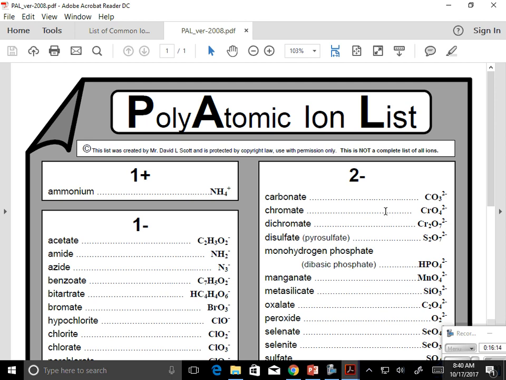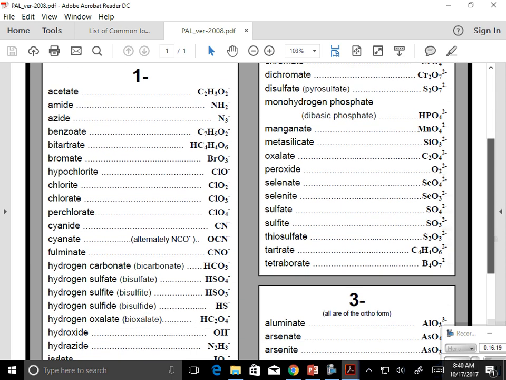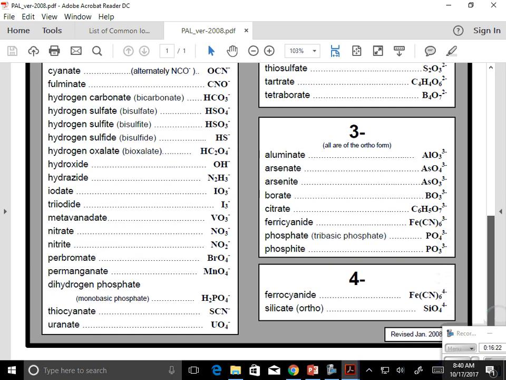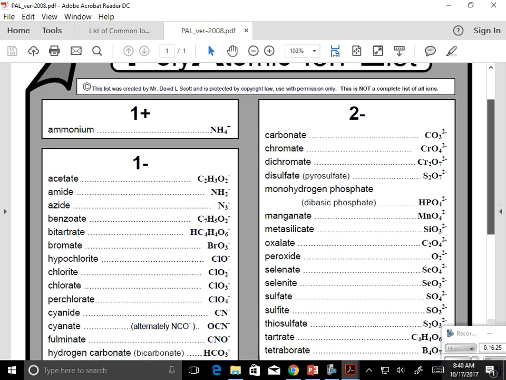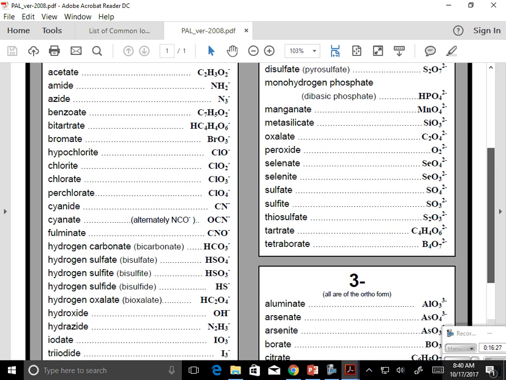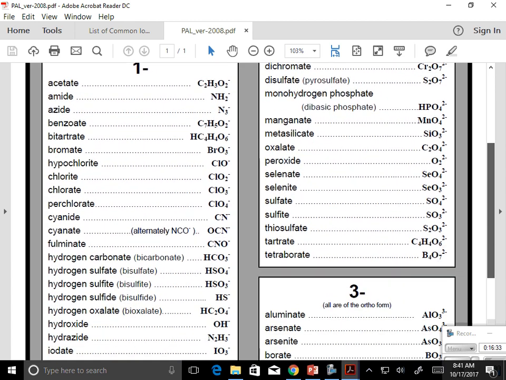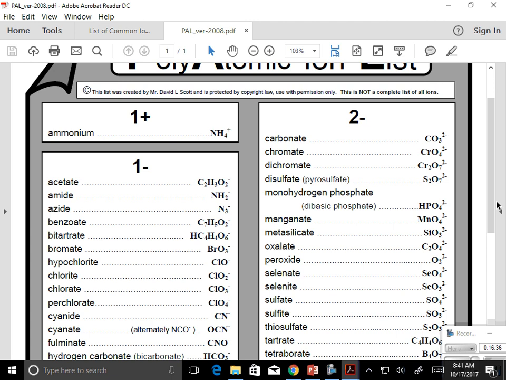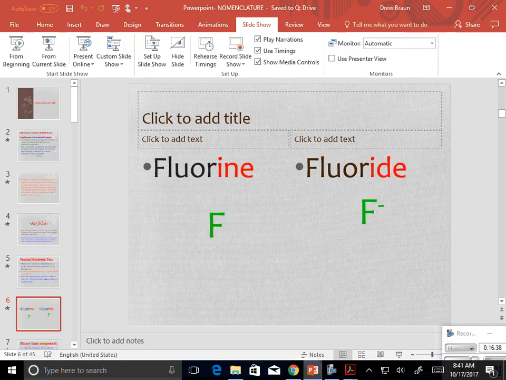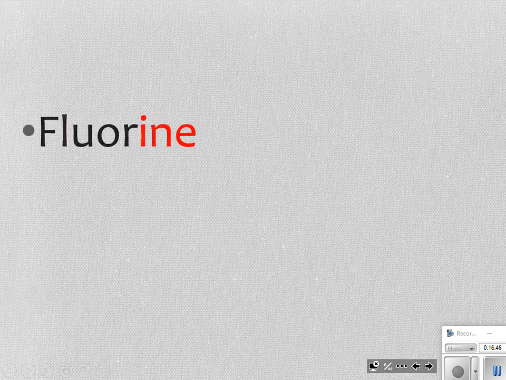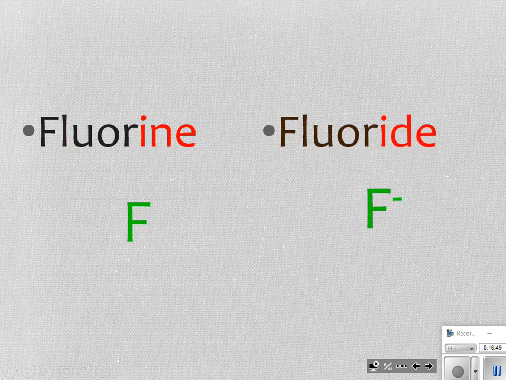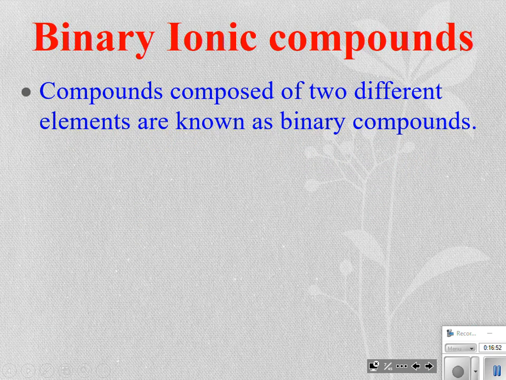But once again, it's just another reference of a bunch of different polyatomic ions. And you're going to see, other than ammonium, the rest of them are polyatomic anions. So these are our ion lists that are going to help you with your naming of compounds. We talked about that. We're past this, we're past this. Let's go. Am I going the wrong way?